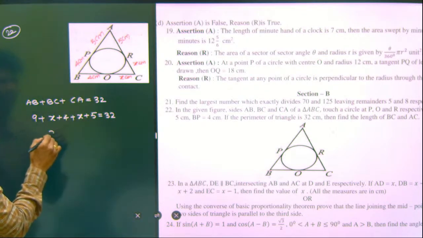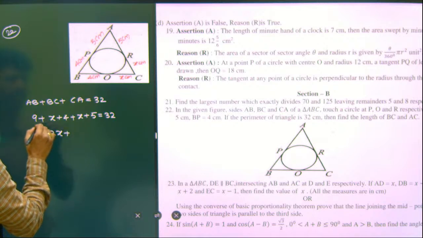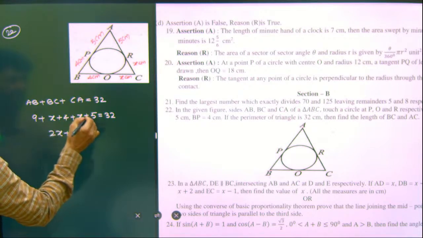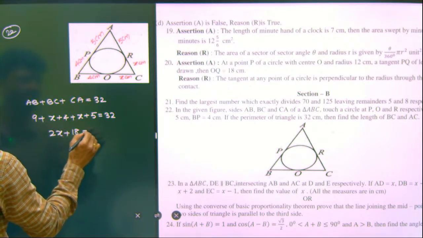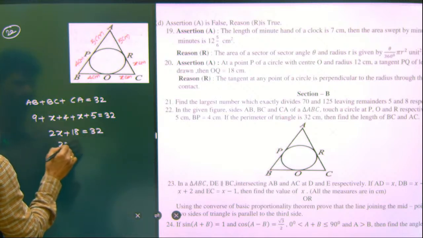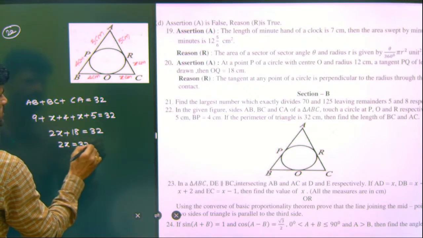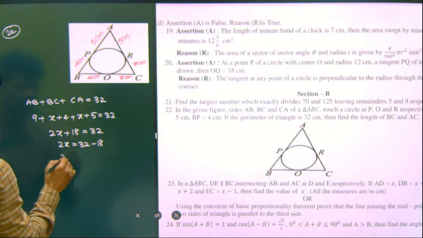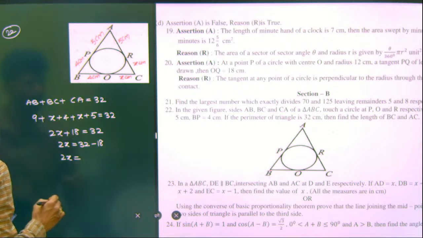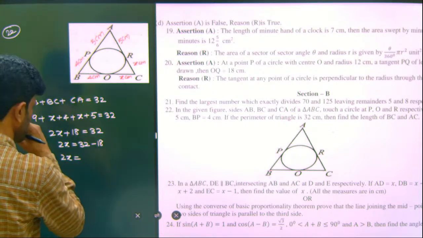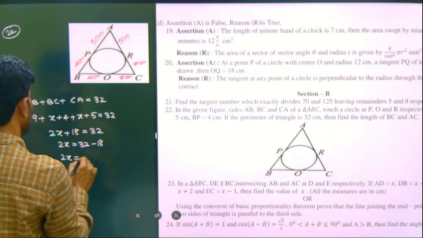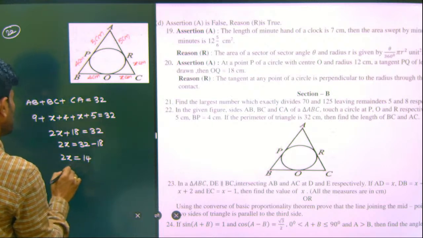Then we get x plus x, 2x plus 9 plus 4, 13, 13 plus 5, 18. 18 plus 2x is equal to 32. Then 2x is equal to 32 minus 18. 2x is equal to how much? 14. Then x is equal to 7.